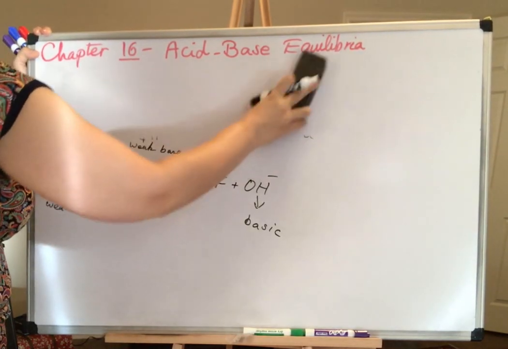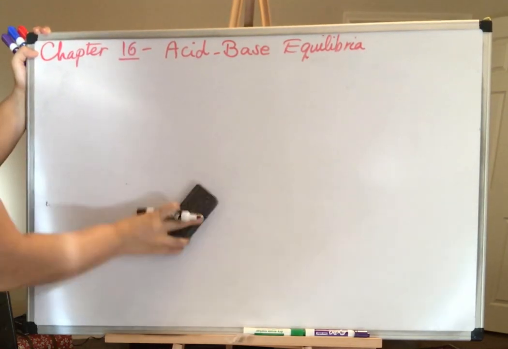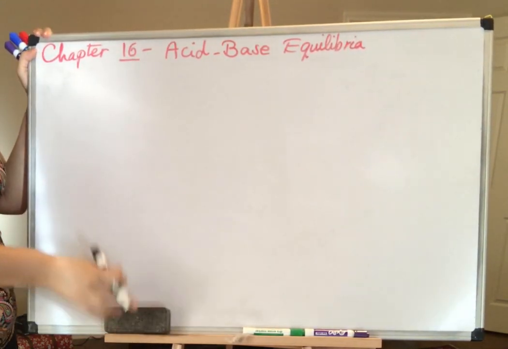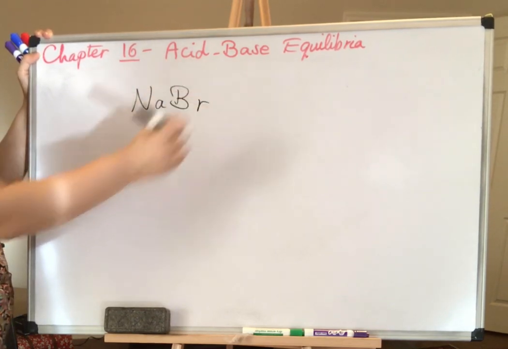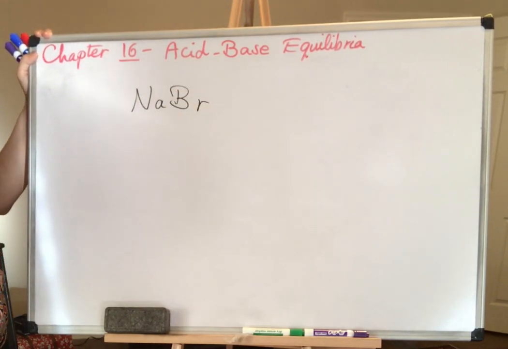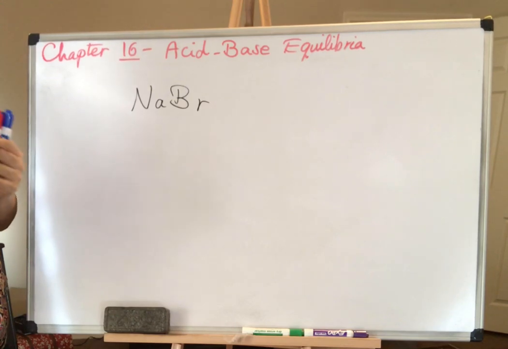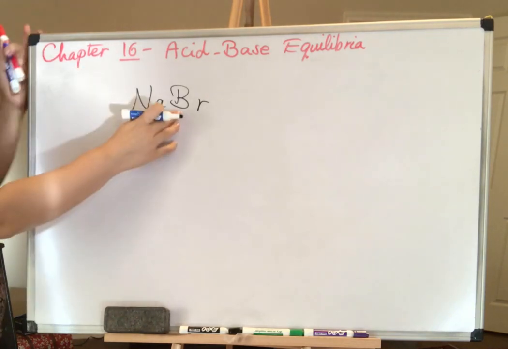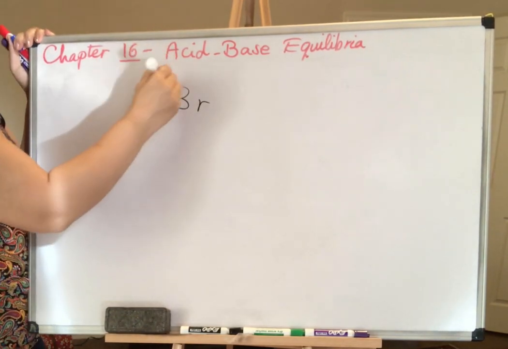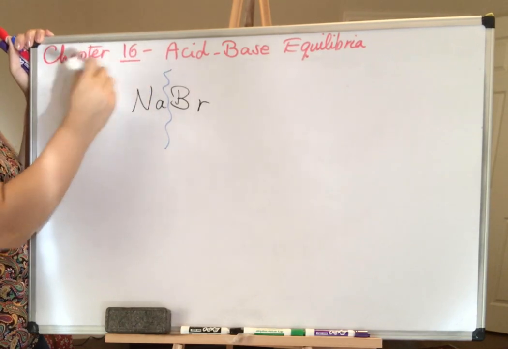Now, the method that I teach you here for finding the effect of salts on the solution is a little bit different from what you see in the PowerPoint slides, but I guess it's more understandable. So whenever you see a salt, I want you to divide it into cation and anion, right?